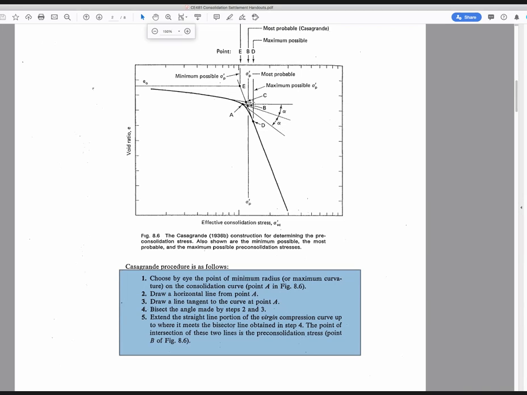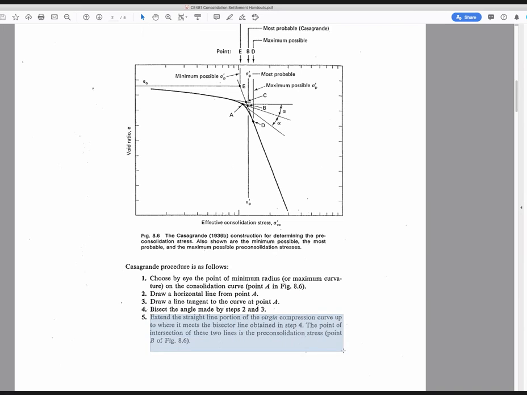So now you have a horizontal line and a tangent line intersecting at point A, and then you will bisect the angle made by those two lines, and that brings you into this middle line here. So now you're able to construct that line, and then finally you extend a straight line portion of the virgin compression curve, meaning this portion down here, the normally consolidated portion, sometimes called the virgin compression curve.